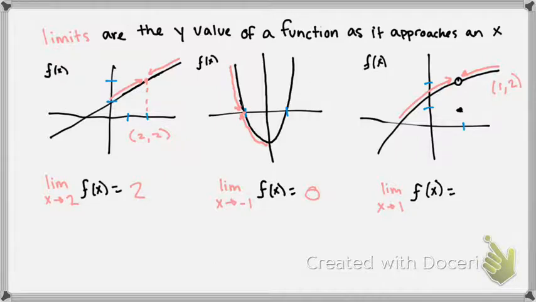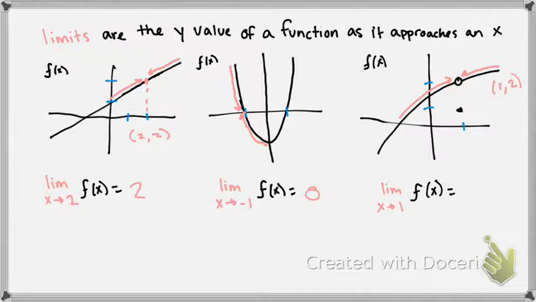Well, no, because just because the point is at a different spot does not mean that the function is approaching that point. So you always have to remember that the limit is not the same thing as the actual value of your y at that point. It can be a different number, like in this case.